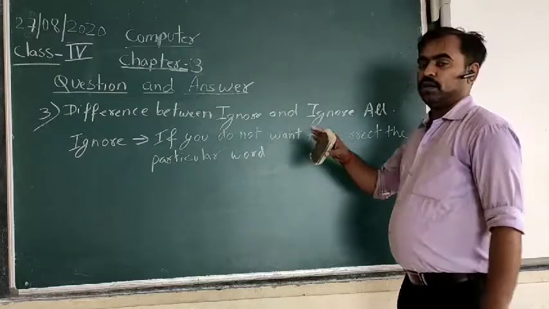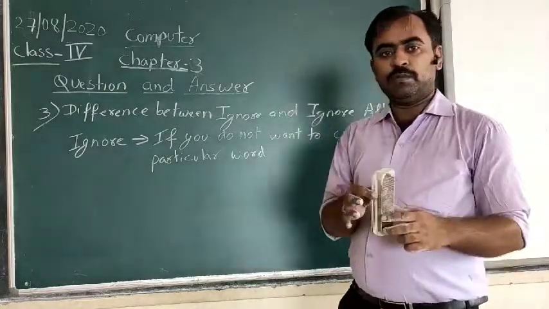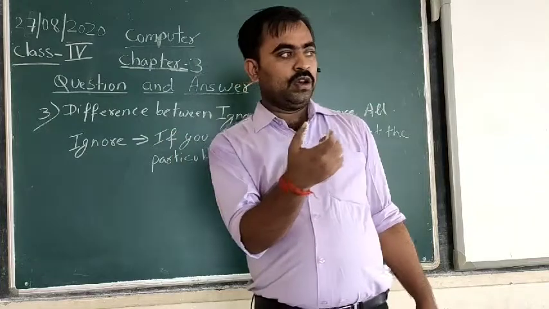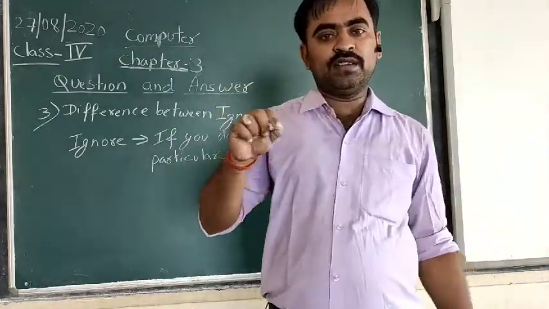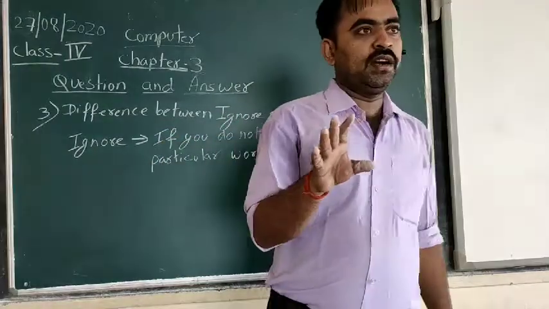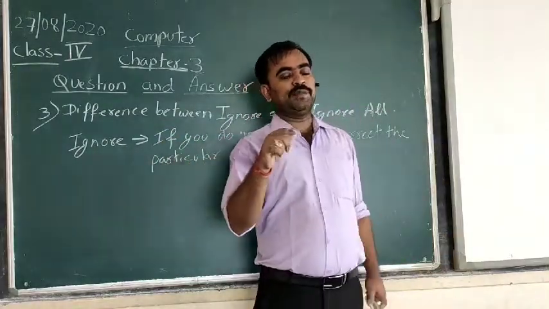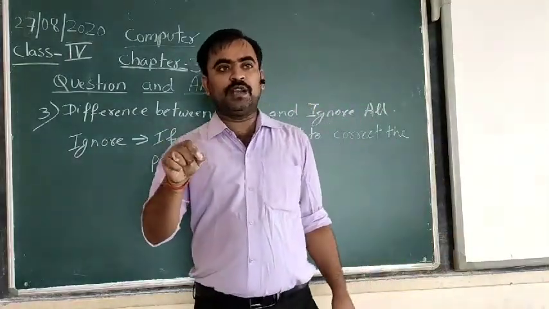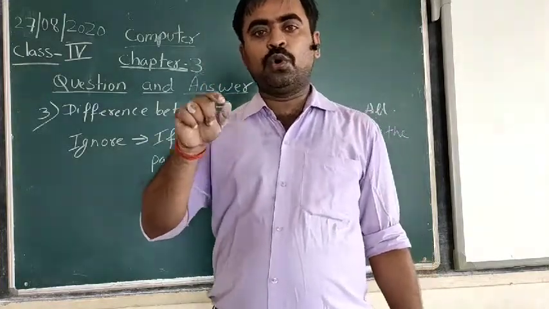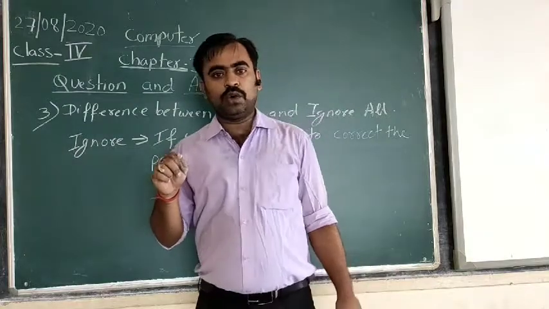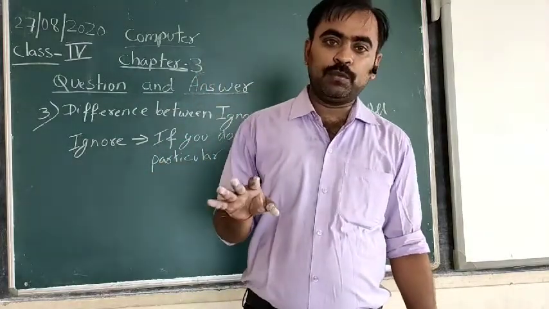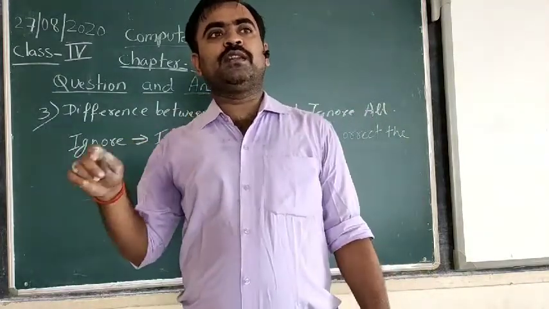Okay. Suppose you have made a mistake while writing a particular spelling, and the computer is showing you that there is some spelling mistake. Generally, take the example that if you type the spelling of colour, C-O-L-O-U-R, in the computer, it will always show you that there is a mistake.